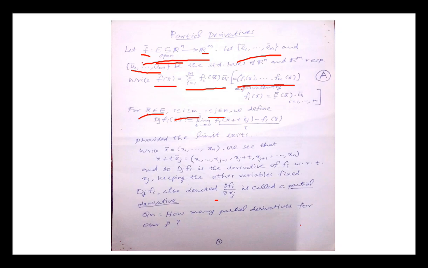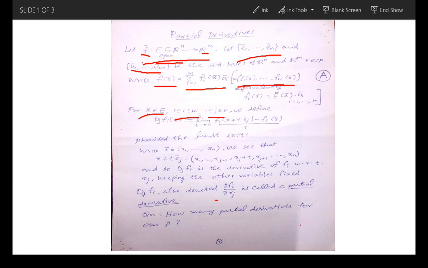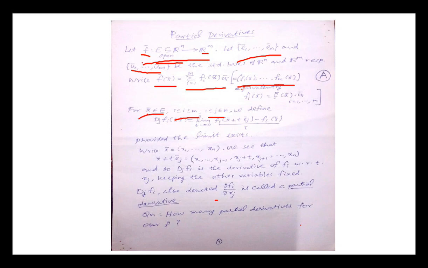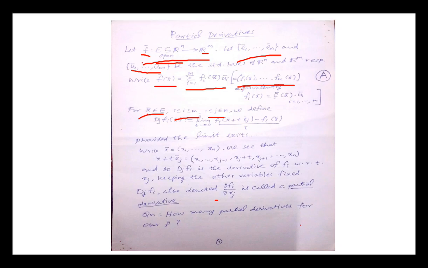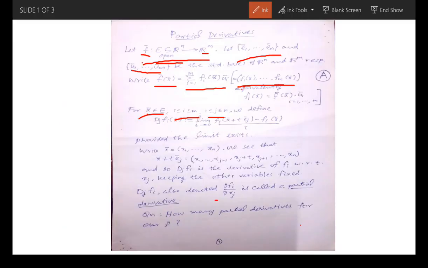So notation is dj fi of x. dj fi of x, how is it defined? So take the ith component of f. So it is fi. I am going to define the partial derivatives dj fi at the point x.